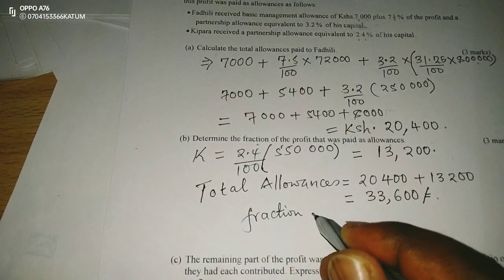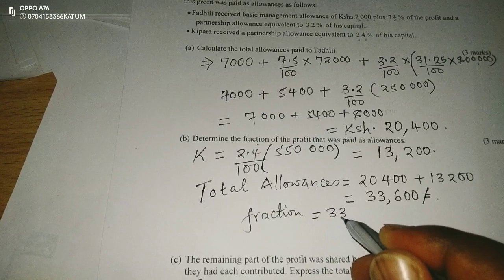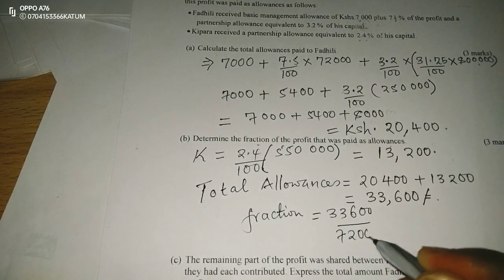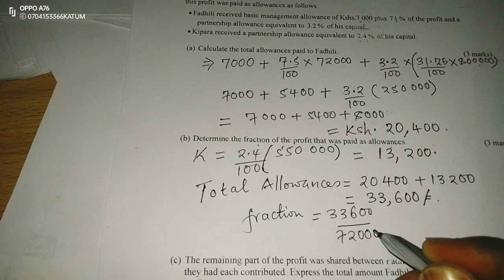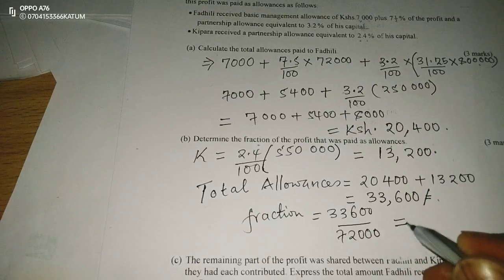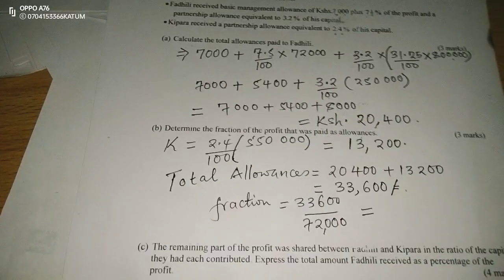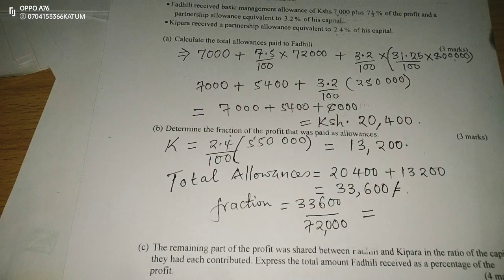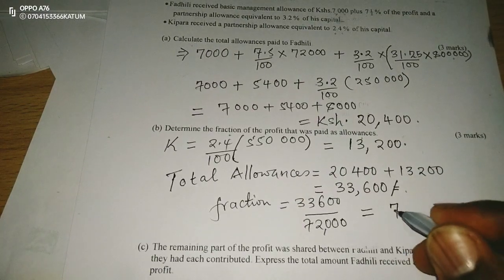So now as a fraction, it's going to be 33,600 of 72,000. When we divide this and give it as a fraction, it's going to be 7 out of 15.